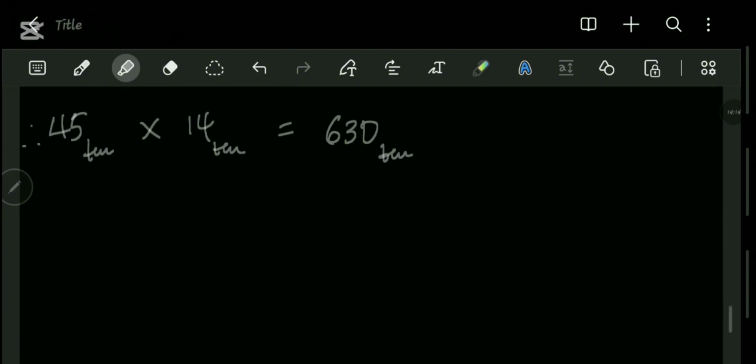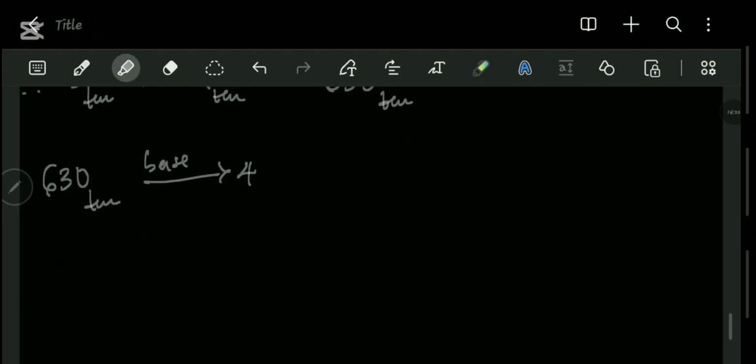So I'm having 630 in base 10. I'm converting this to a number in base 4, which means I'm dividing this number by 4. So I'm having 4 and then 630. So 630 divided by 4, that's giving us 157 remainder.